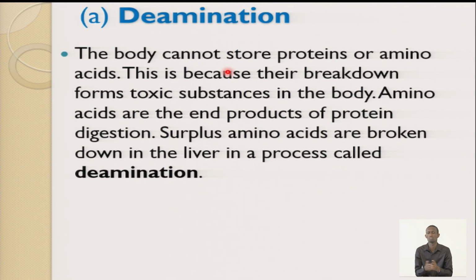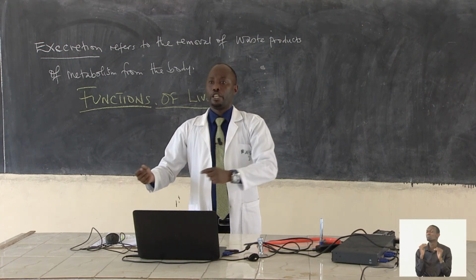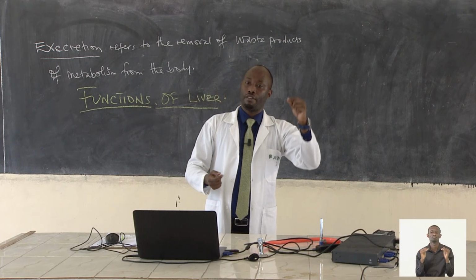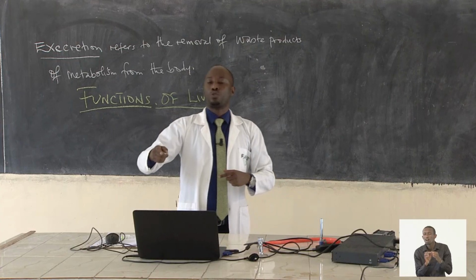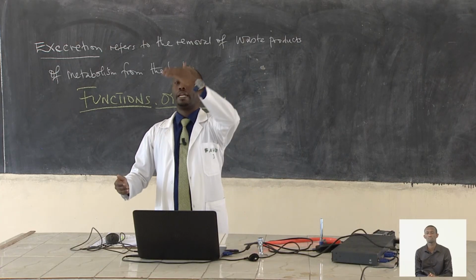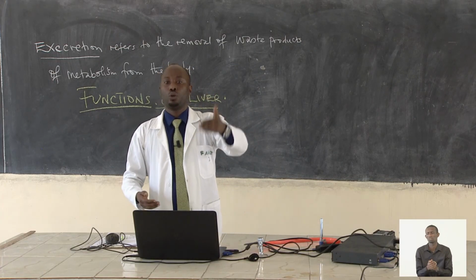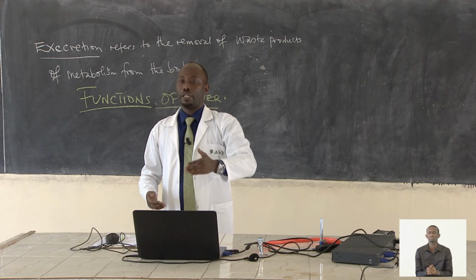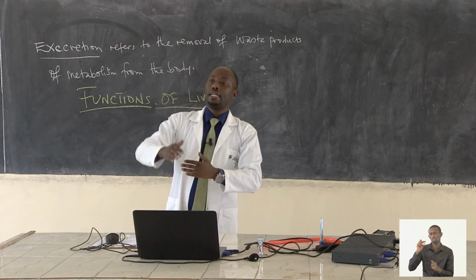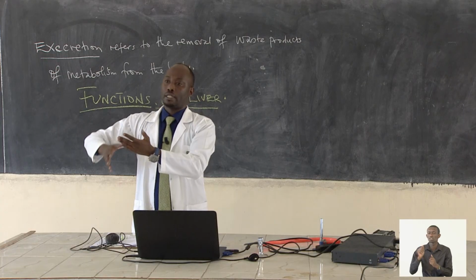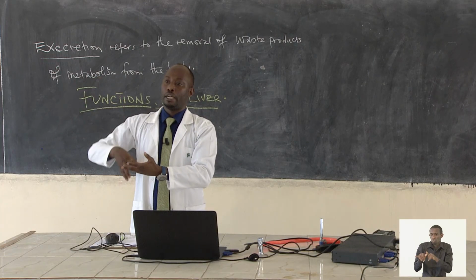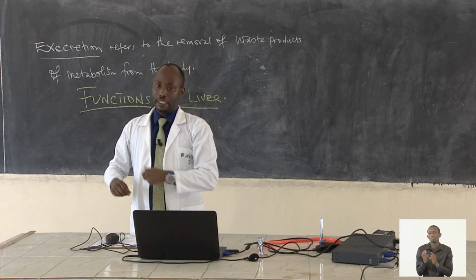How will the body strike a balance of those excessive proteins? It is done by the liver, where the excessive proteins or amino acids are broken down into glycogen and urea, and these nitrogenous waste products are eliminated from the body through the urine in the kidney.